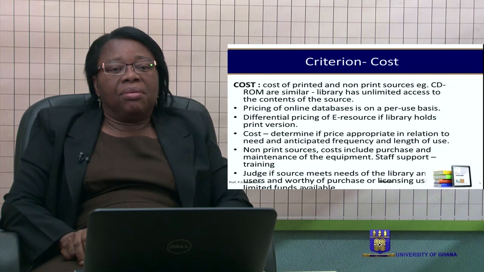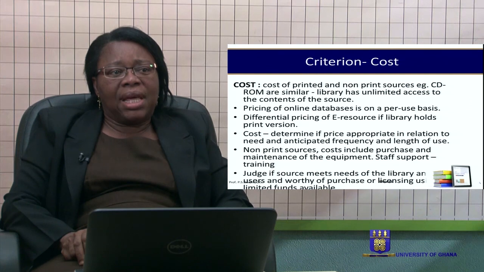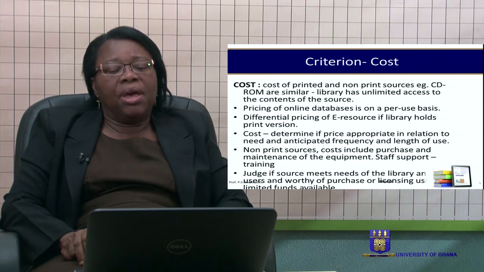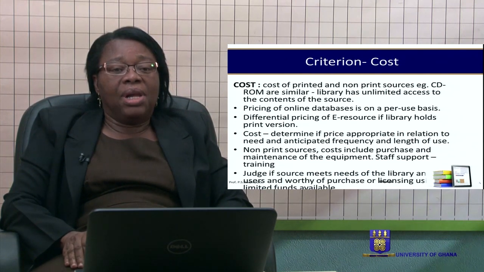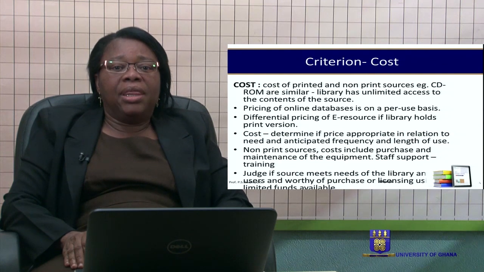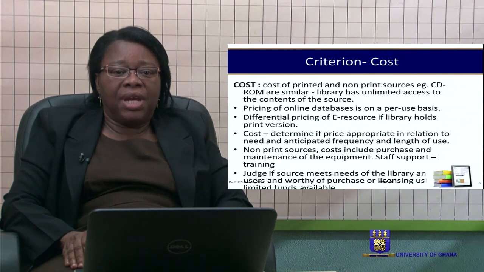For non-print materials, or what you call the online sources, you should note that the cost does not only include the cost of purchase of either the CD-ROM or the online databases, but there are other hidden costs or upfront costs, such as maintenance of the equipment. You actually need a computer to be able to even use all these online databases and CD-ROMs, and the cost of staff support and staff training.